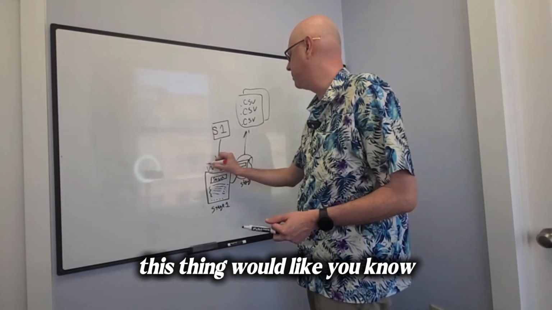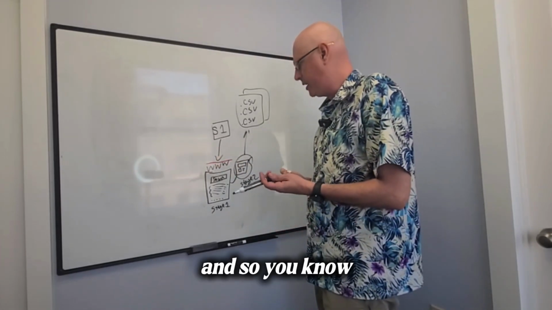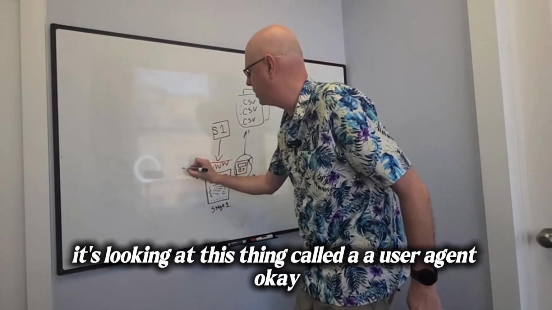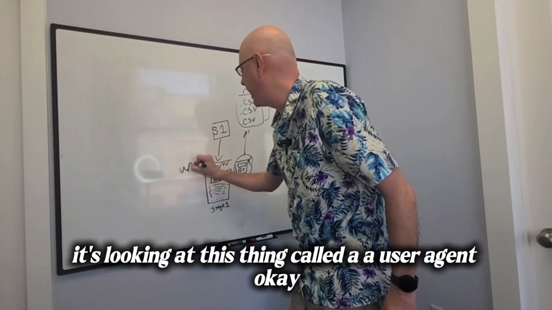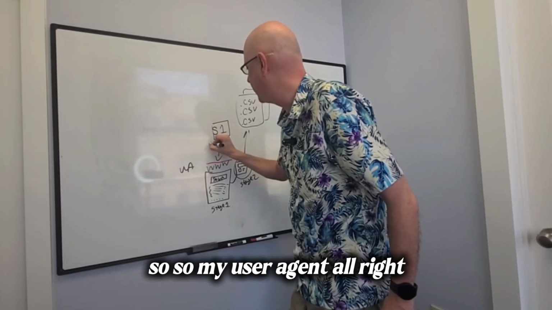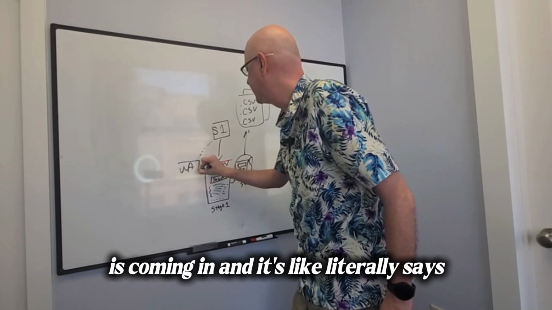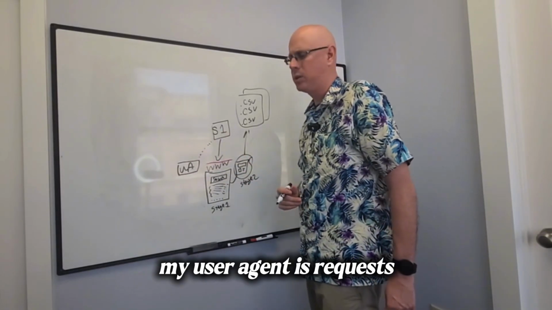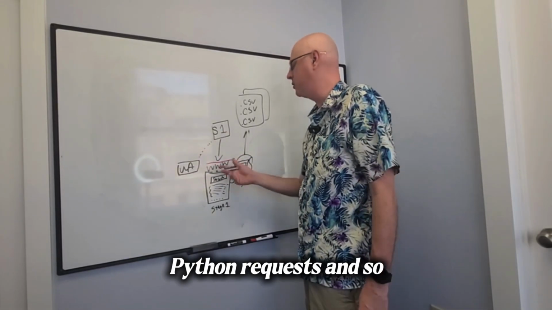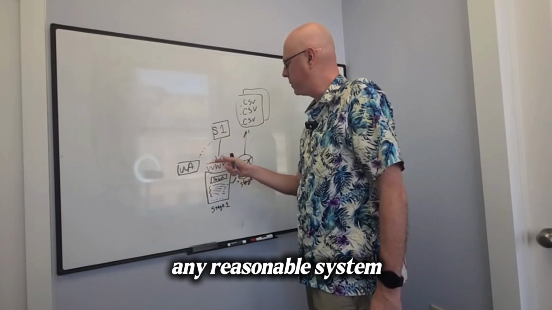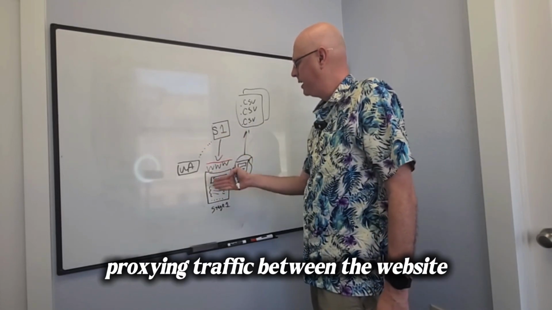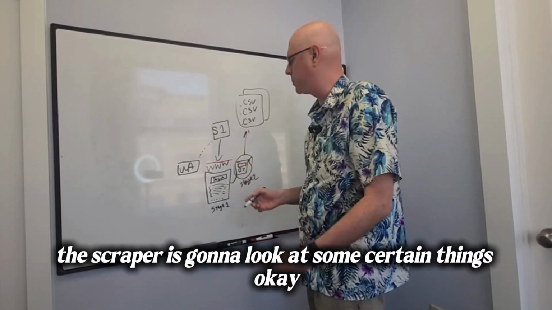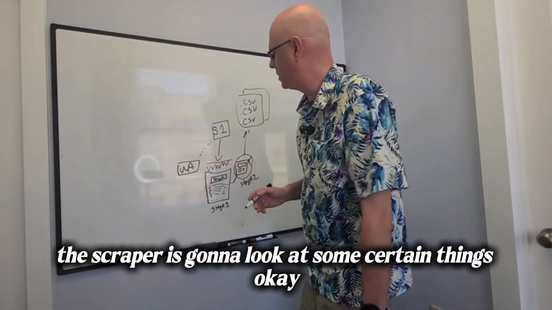So first off, when I'm making this request, it's looking at this thing called a user agent. My user agent literally says it's Python requests. And any reasonable system proxying traffic between the website target and the scraper is going to look at certain things.